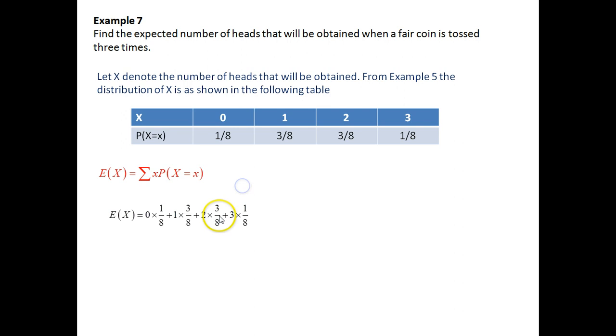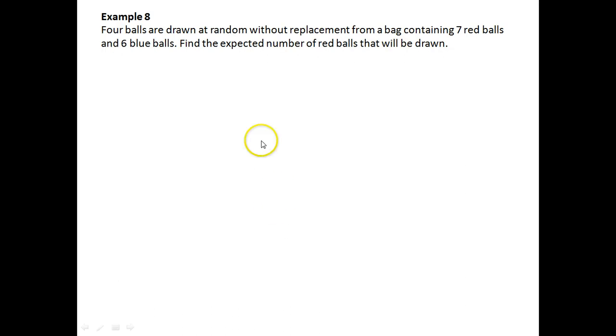So 0 with 1/8 plus 1 with 3/8 plus 2 with 3/8 and 3 with 1/8. Multiply them, add them up, and we get 12/8, which is 1.5, the expected value. It's symmetrical, so you would expect it to be in the middle anyway. So the mean or the expected value of that distribution is 1.5.